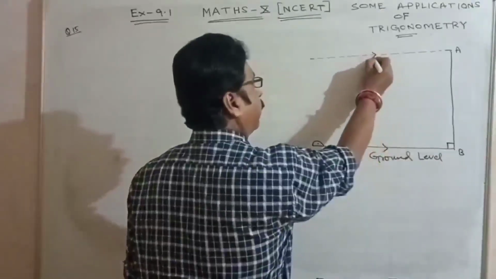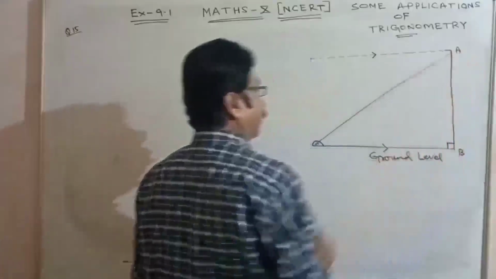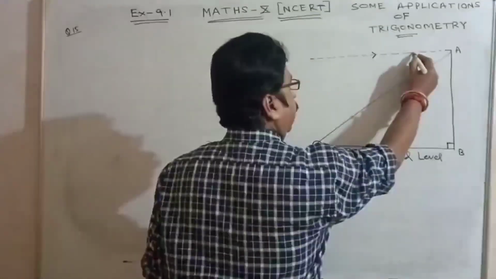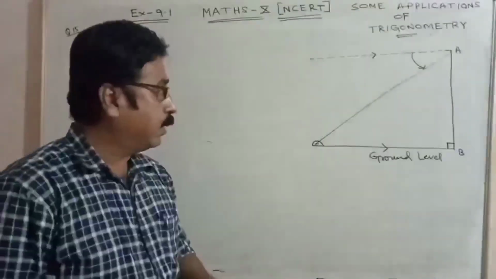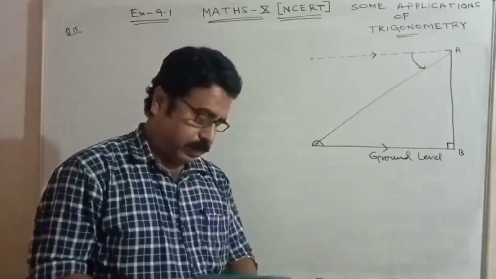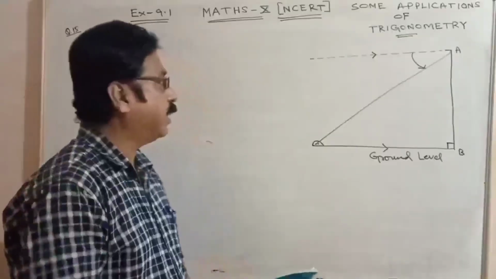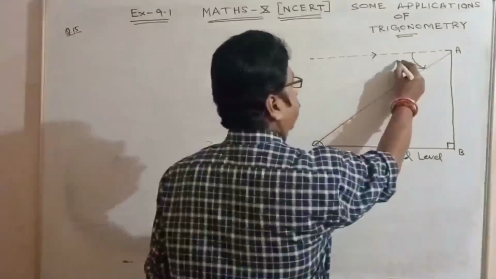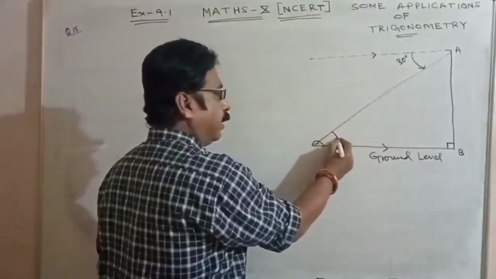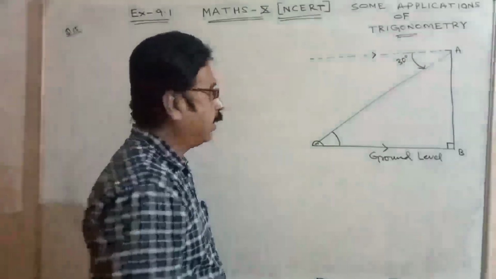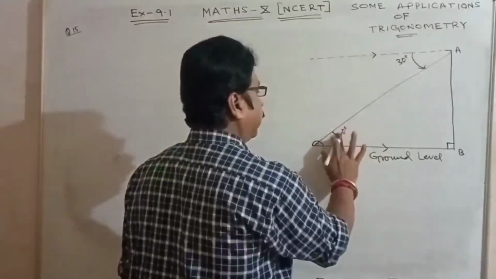This and this are parallel. Angle of depression. It was 30 degree. This angle and this angle are alternate angles, so it will also be 30 degree.